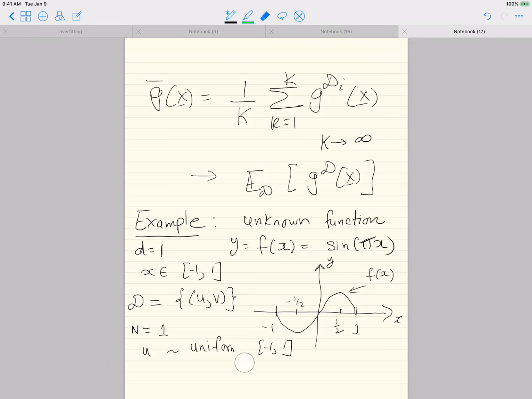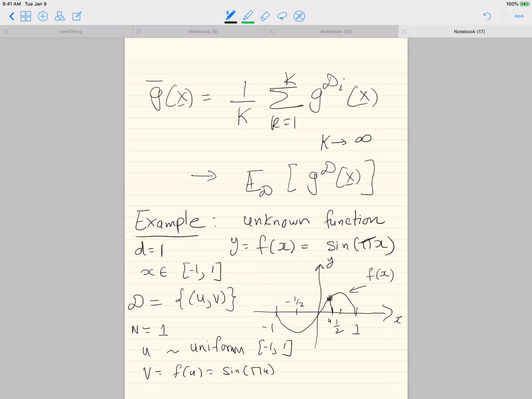So u is a point generated between the interval -1 to 1 uniformly at random. That's how our data sample is generated. And v will be f of u. So it is sine of pi u. So if u is, for example, a point here, this is u, the v that we get will be this value. If u is here, the v that we get will be this value, and so on. Okay? So you get only one sample.